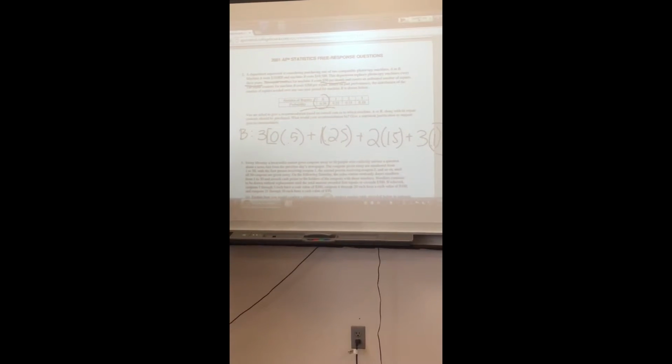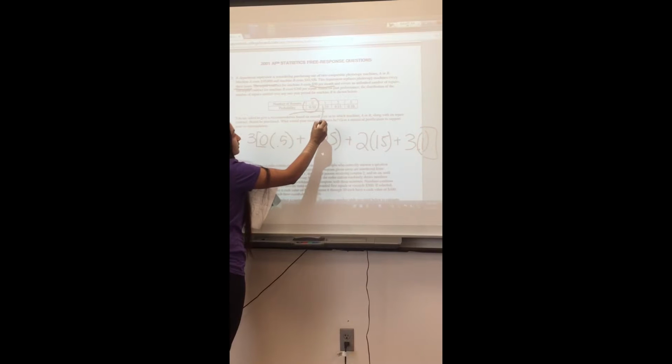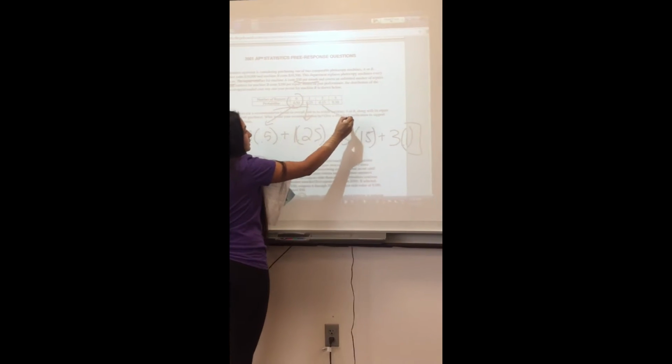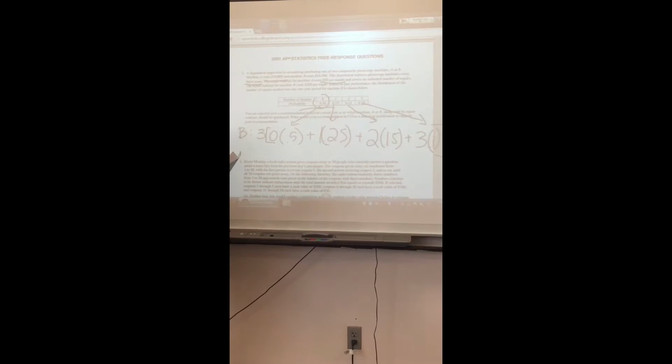What it looks like once all the values are plugged in, I got these values each from B, and that's how you would find the expected number.